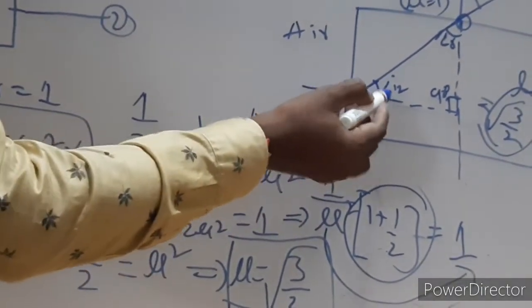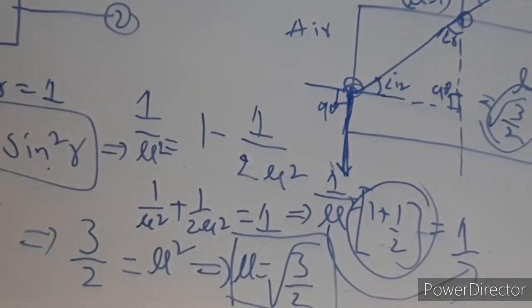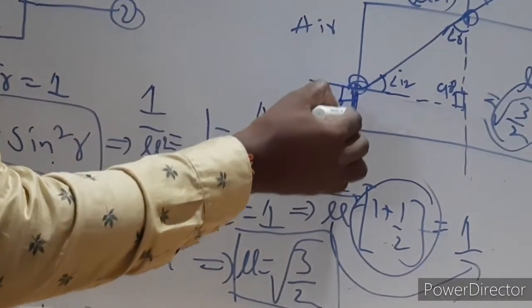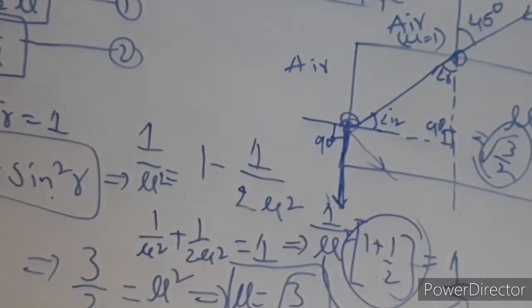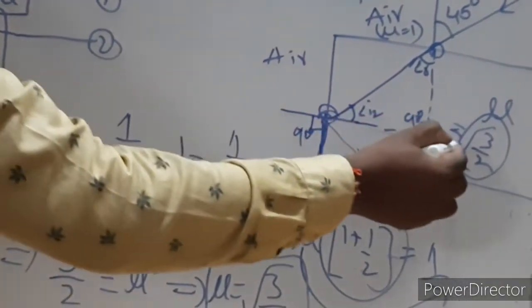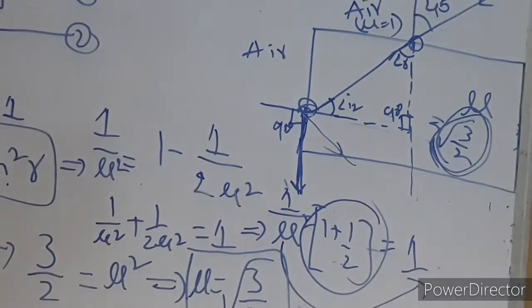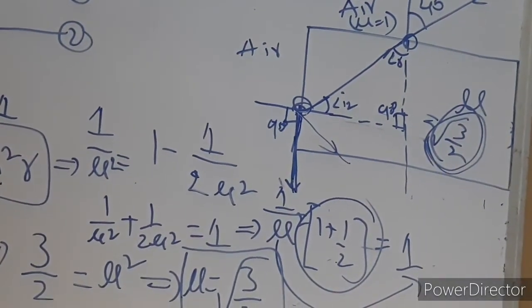If the incident angle increases a little, then instead of going along the surface, it will be reflected back. Therefore we can take the minimum refractive index as root 3 by 2.